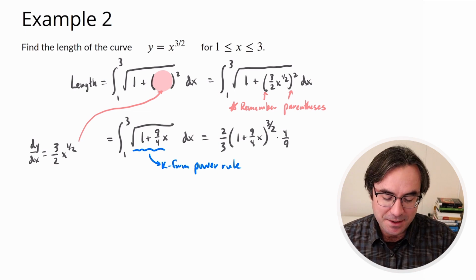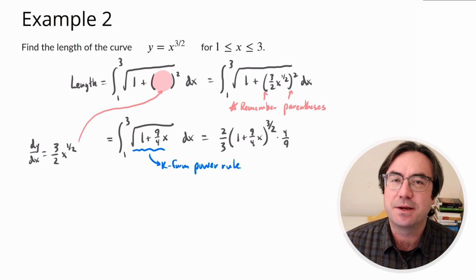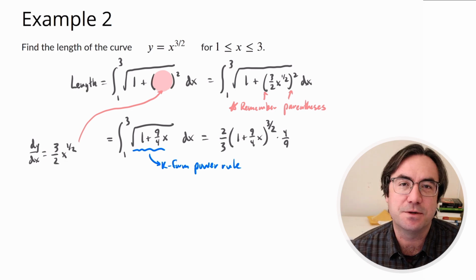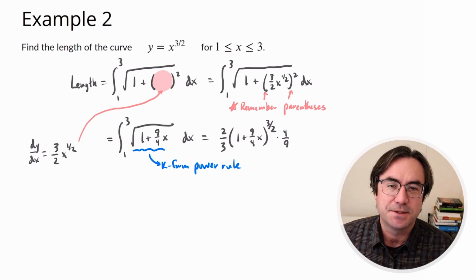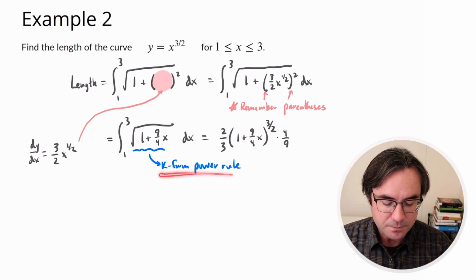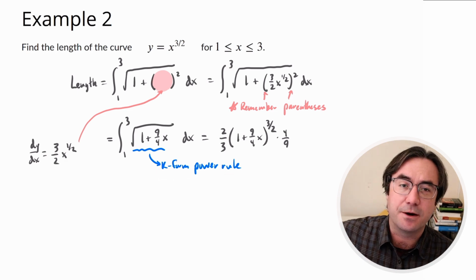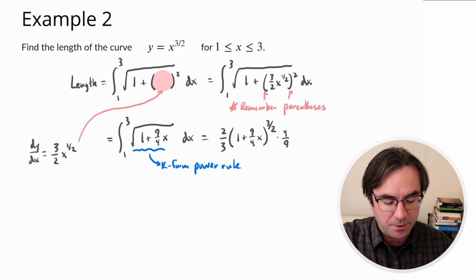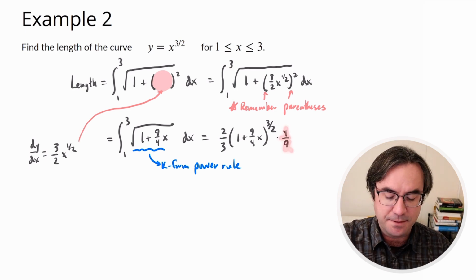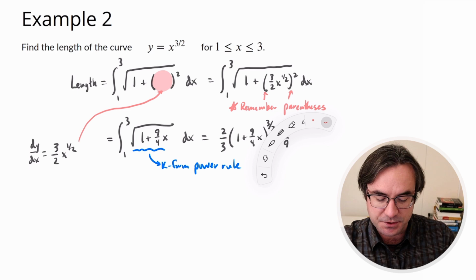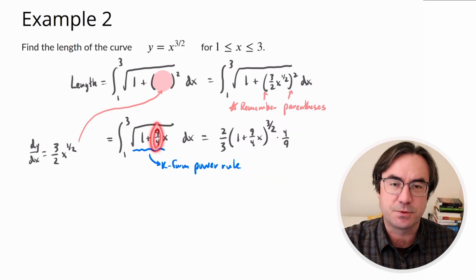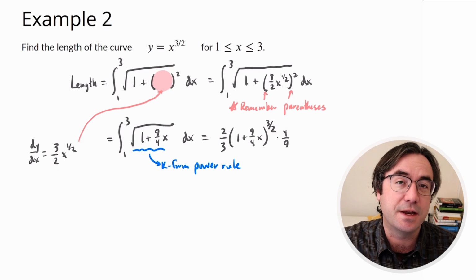We saw this was one of our cases when we were doing integration by partial fractions. Normally the fraction is 1 over k, but you can think of that as just the reciprocal. So 1 over k is the reciprocal in this case of the 9 over 4.